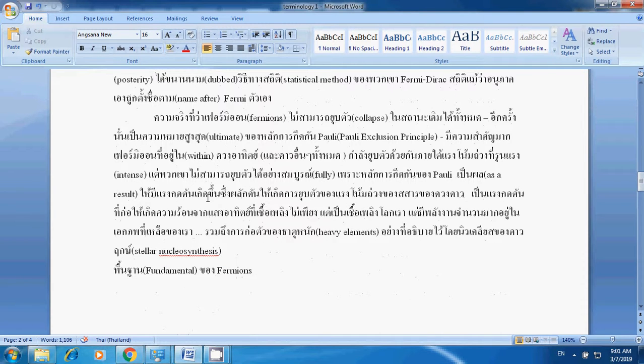As a result, there is a pressure which pushes against the collapsing gravity of matter and planets.